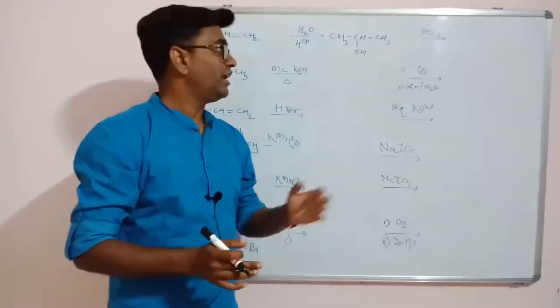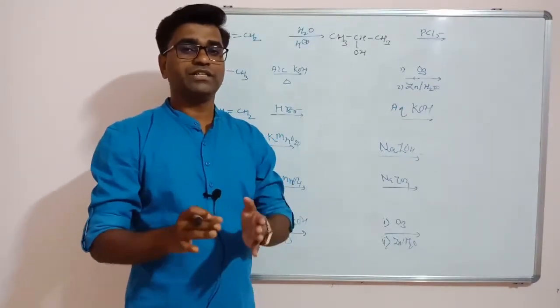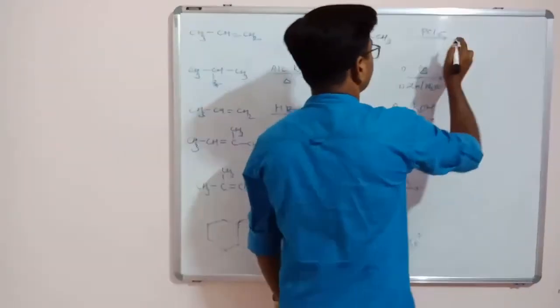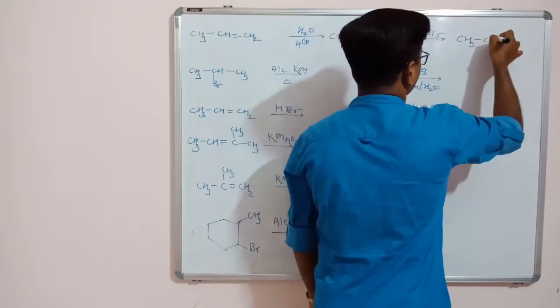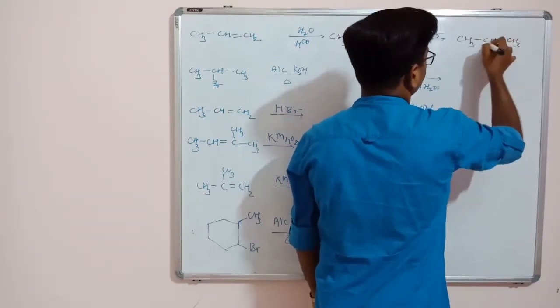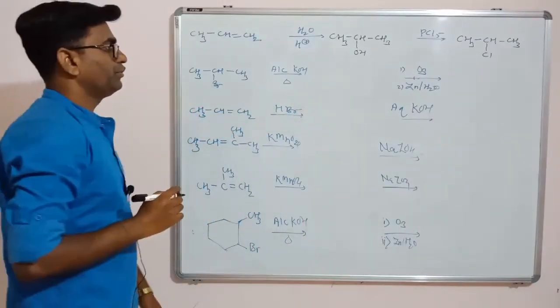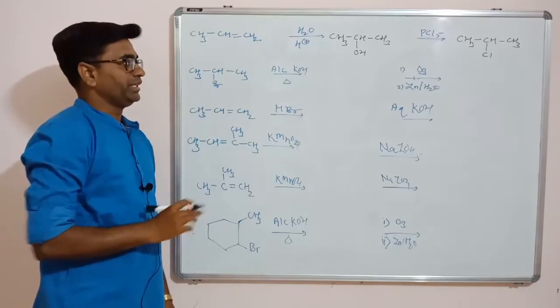So all these reagents are for halogenation of alcohols. So this hydroxyl group is replaced by the halogen, here chlorine. So we will get the product 2-chloropropane.